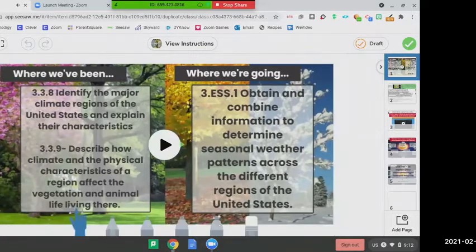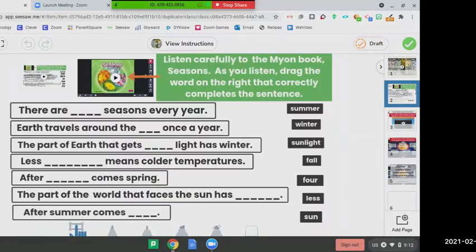Okay, so we're going to look at different seasonal patterns. Go ahead and move to slide 2. These are the sentences that I was reading to you in the directions. You'll notice that there are 1, 2, 3, 4, 5, 6, 7 sentences, and there are 7 words over on the side.